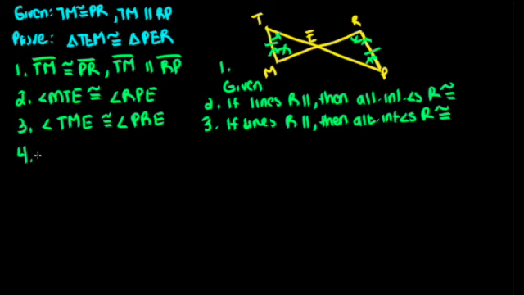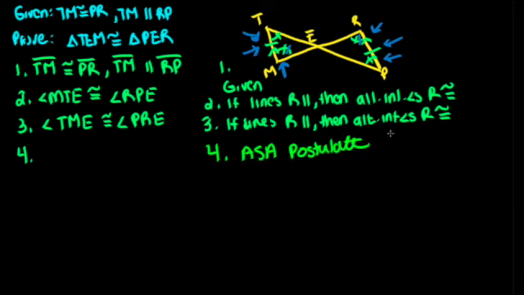However, we can see that this angle, this side, and this angle are all congruent to this angle, this side, and this angle. So since we know that an angle, a side, and an angle are all congruent, we can use the ASA postulate to prove these triangles congruent.